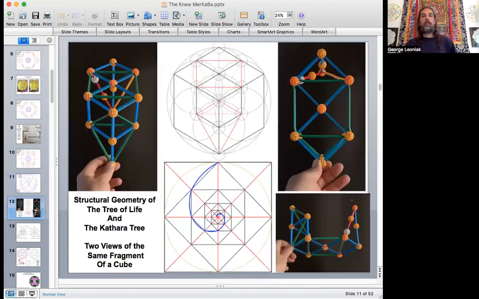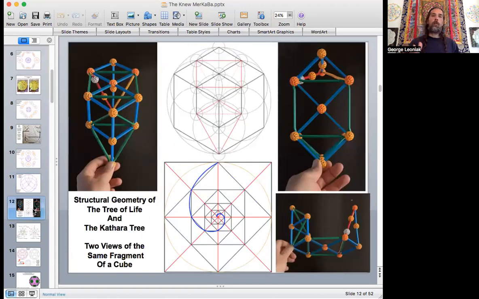So let's go ahead and just address a few things before we take it to a new level, because I believe that the sacred geometry designs and even these different structures that are produced, called like the tree of life and the Kathara grid, have a structural geometric basis. Now remember, there's many ways to view this.